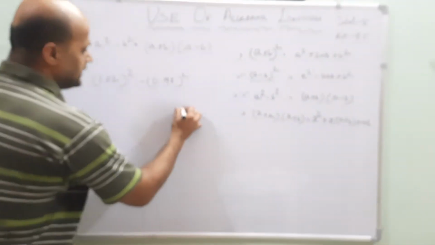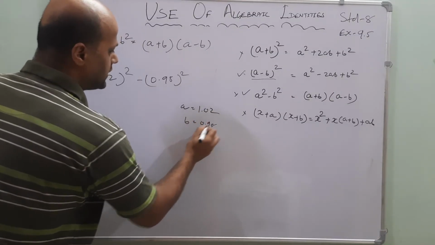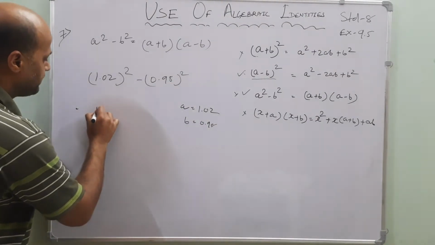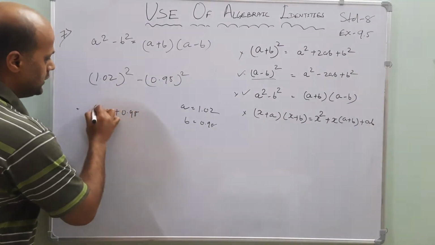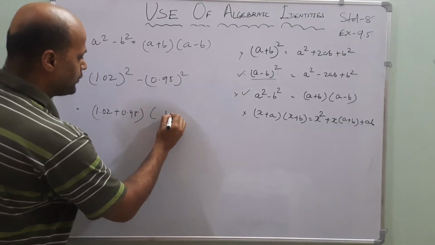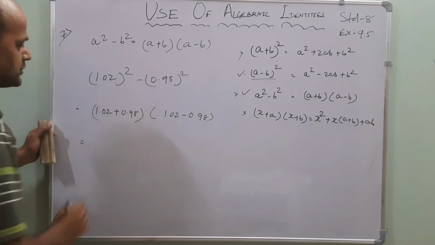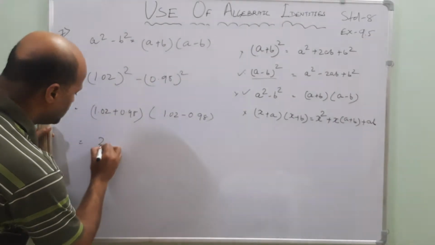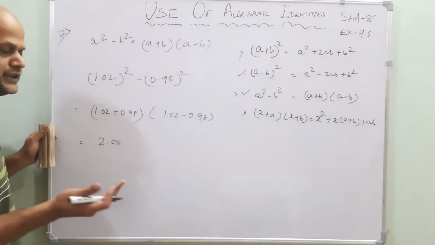Again, here A is equal to 1.02, B is equal to 0.98. Understood, my dear friends? So A square minus B square is A plus B into A minus B. That is 1.02 plus 0.98, how much is it? Who will tell me? Yes, it is 2.00. After the decimal there is no value, so it will be 00.